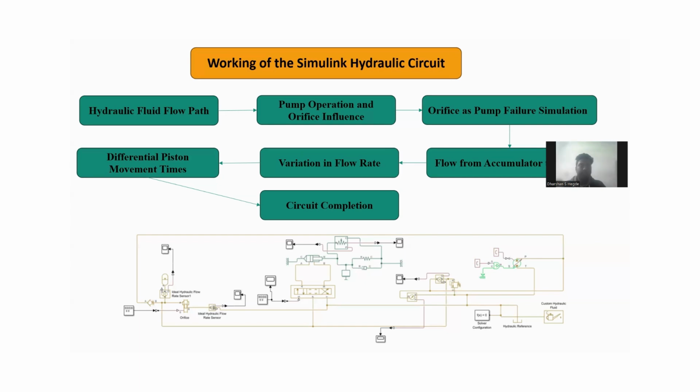The accumulator flows to the piston, generating an unloading condition. There is a variation in the flow rate in the graph, which I'll show next. After the operation is done, the flow is sent to the hydraulic reference until the simulation stops running. Now I'll show you the hydraulic circuit in the Simulink model.